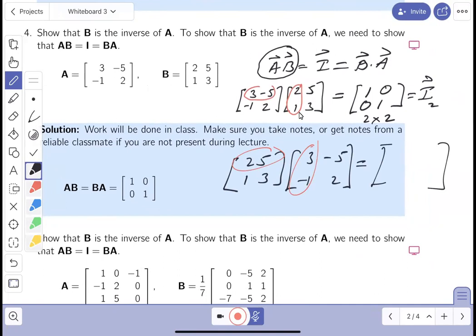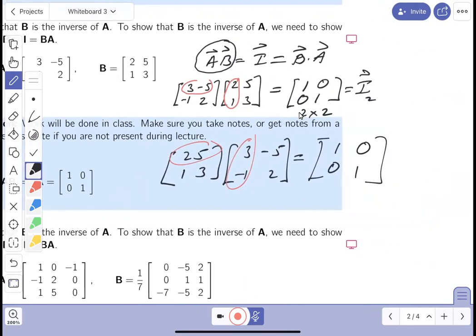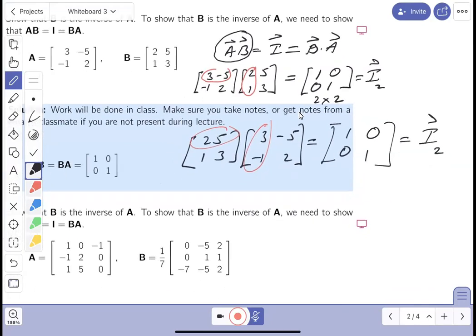You get 6 minus 5, that's 1. Then you get minus 10 plus 10, that's 0. Then you're going to get 3 minus 3 is 0. Then you can get minus 5 plus 6, which is 1. We did it again. We just verified what they said, that this is in fact an identity matrix I2. All right, let's keep going.